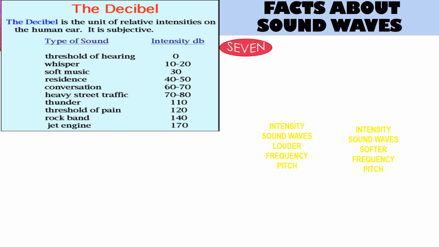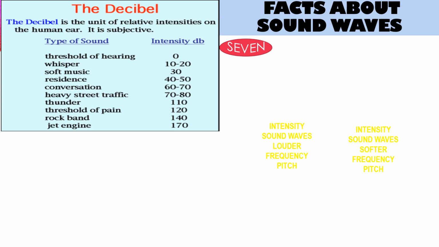Pag whisper, bumubulong ka lang, 10 to 20 decibels. Soft music is 30, residence is 40 to 50, conversation 60 to 70, heavy traffic 70 to 80, and yung mga malalakas na thunder, that is 110, threshold of pain is 120, rock band is 140, and then the jet engine is 170. Medyo nakakadamage na to ng ear.